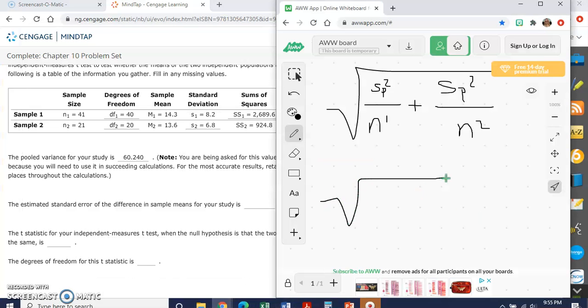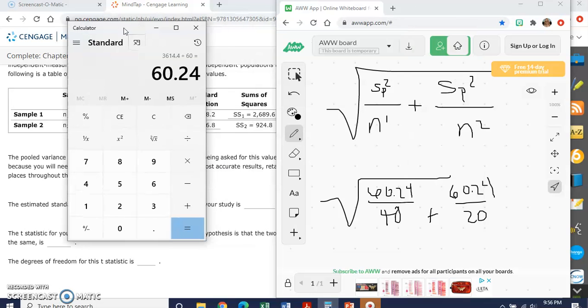So let me start plugging all this in. So it's 60.24 divided by 40 plus 60.24 divided by 20. And then it's the square root of the answer. All right, so 60.24 divided by 40.